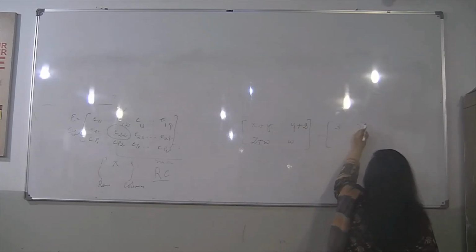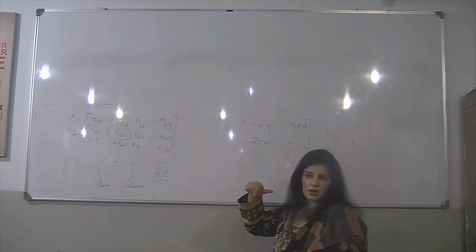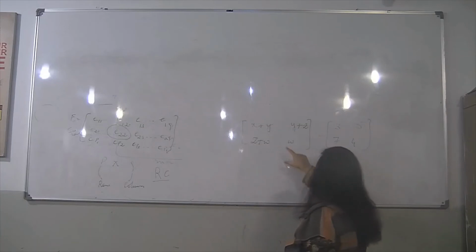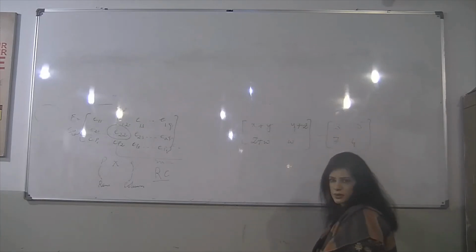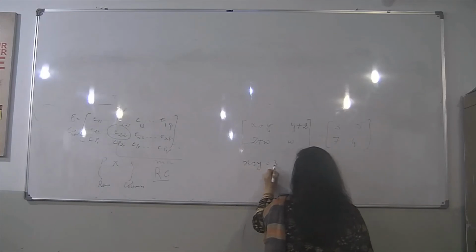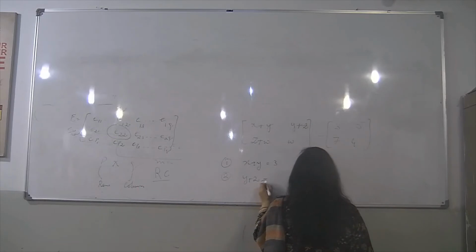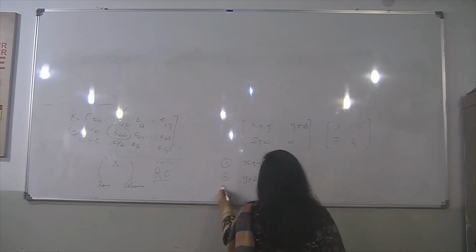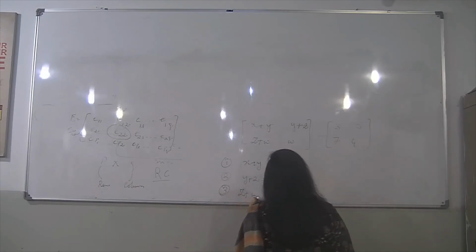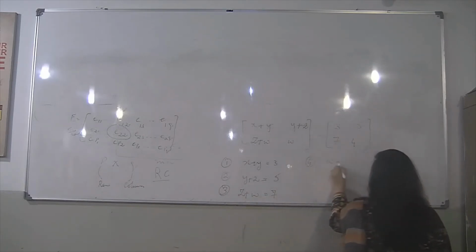So guys, like I explained in the middle of the lecture, I think that these are basically equations. So x plus y is equal to 3 is the first equation. Then, if you look at the second equation, this is y plus z is equal to 5. Third equation is z plus w is equal to 7, and the fourth one says that w is equal to 4.